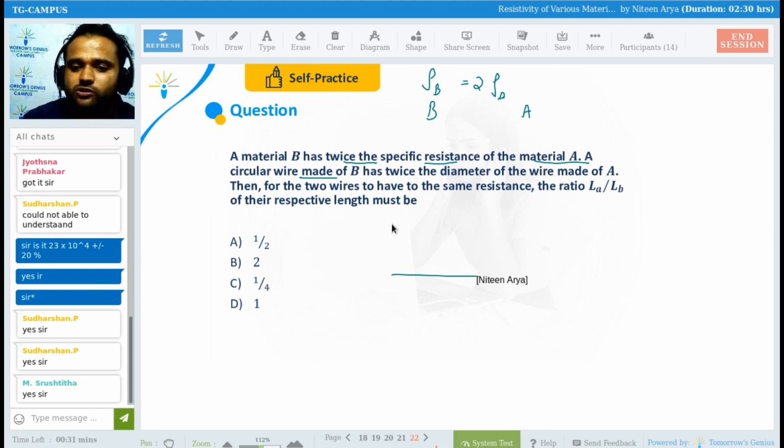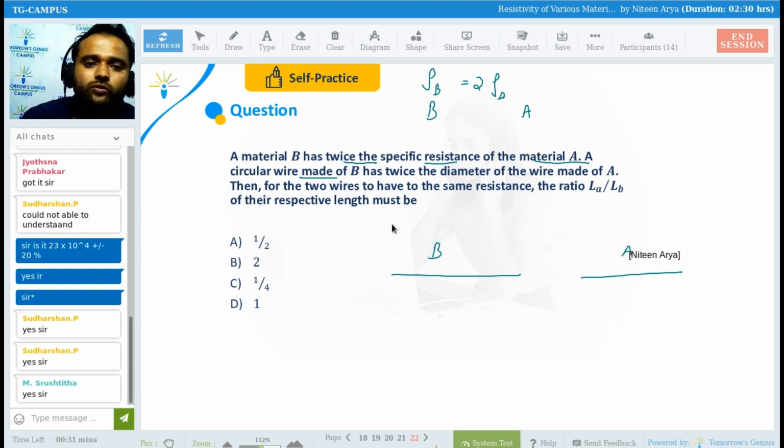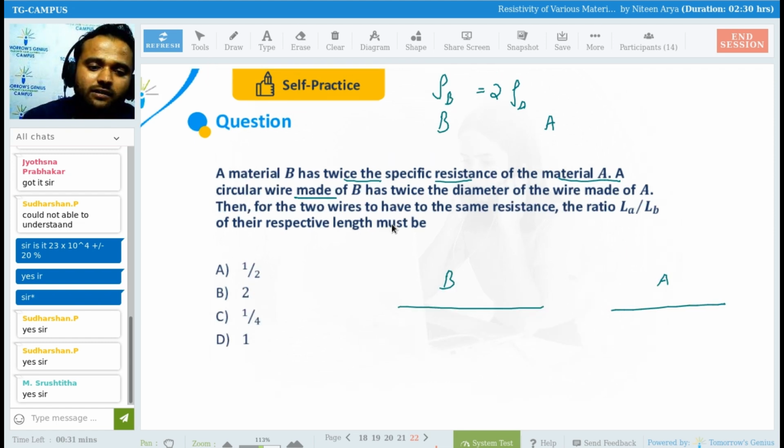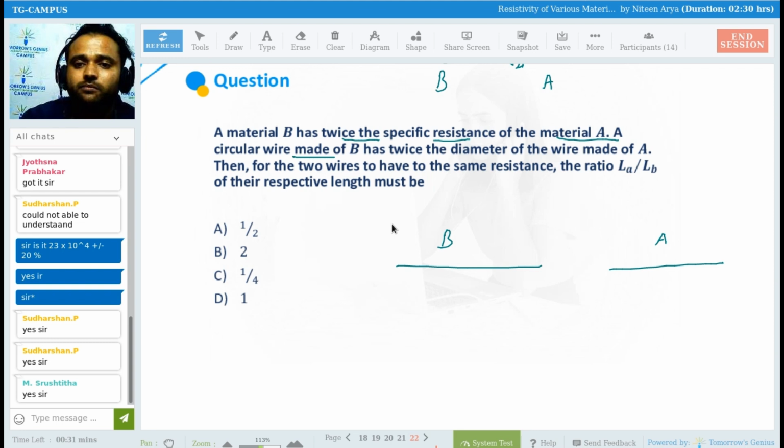Now suppose this is your wire, a circular wire made of B, and this is your wire A. If you make a circle from this B, this is your B circle, and this is your A circle.